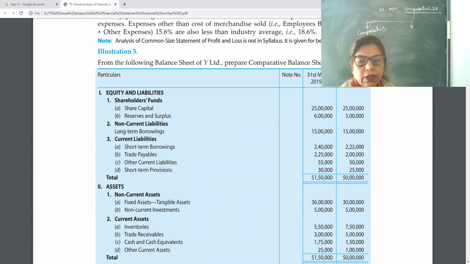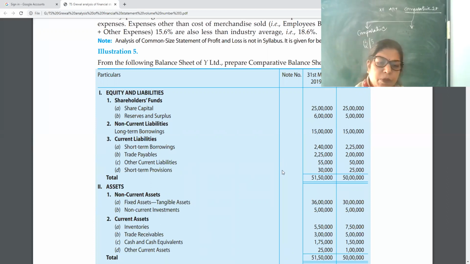Short-term borrowings, change, increase, 2,25,000 to 2,40,000. Yes, trade payables are also increasing, 2 lakh to 2,25,000. Yes, other current liabilities are also increasing, 50,000 to 55,000. Now short-term provision is also increasing, 25,000 to 30,000.